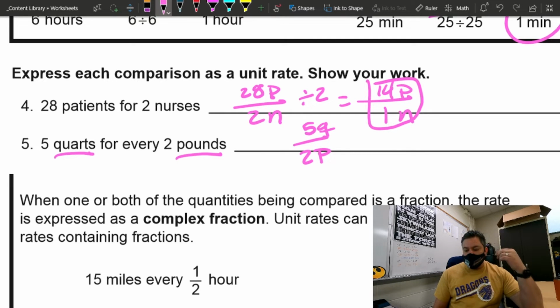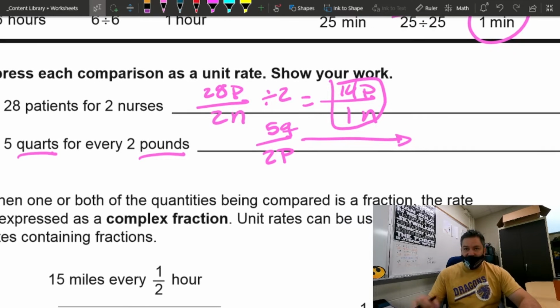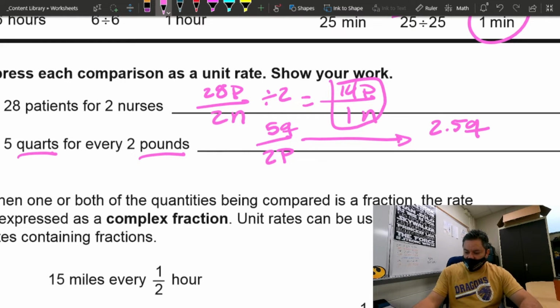This one is kind of easy because if I divide by 2, what's half of 5? 2.5, very good. 2.5 quarts for every 1 pound. And there's the unit rate. 1 pound is 2.5 quarts, on whatever they're trying to do right there.